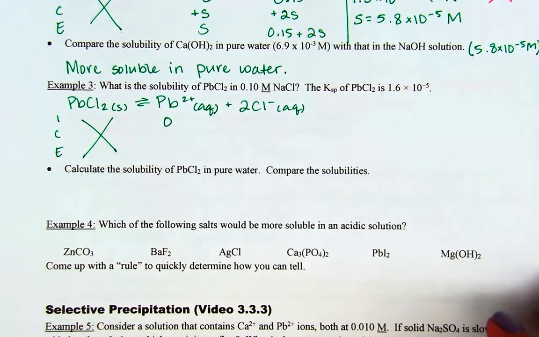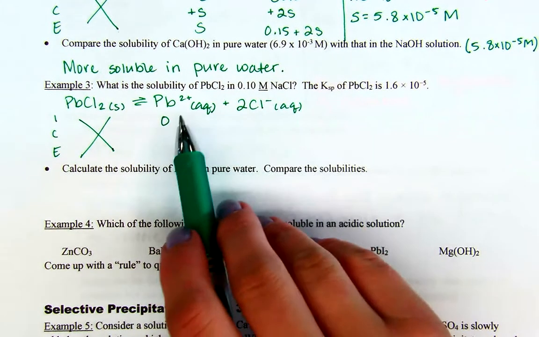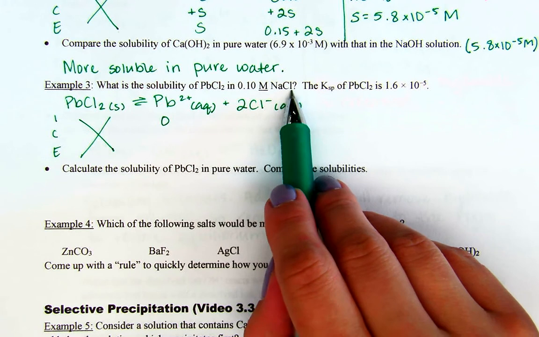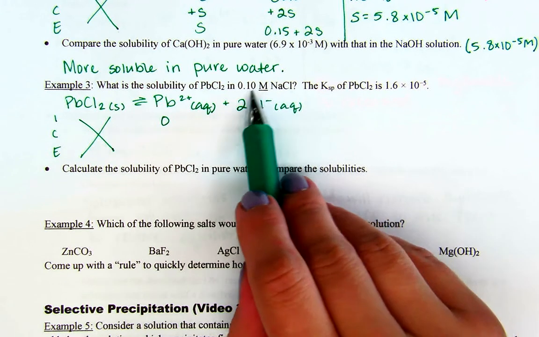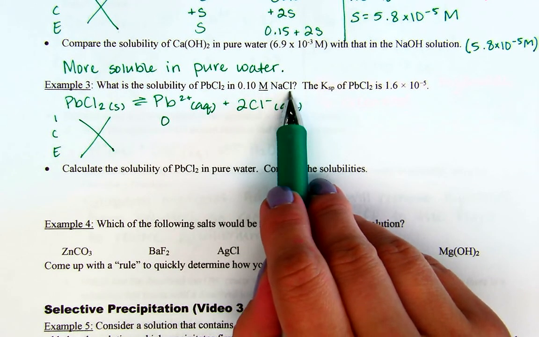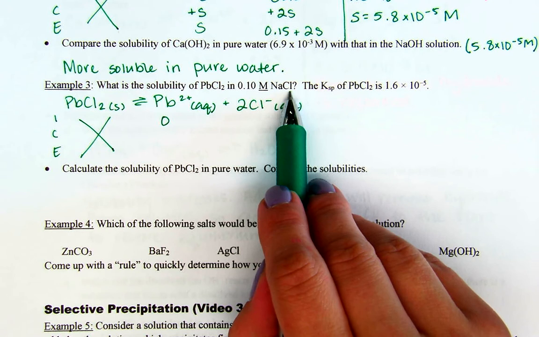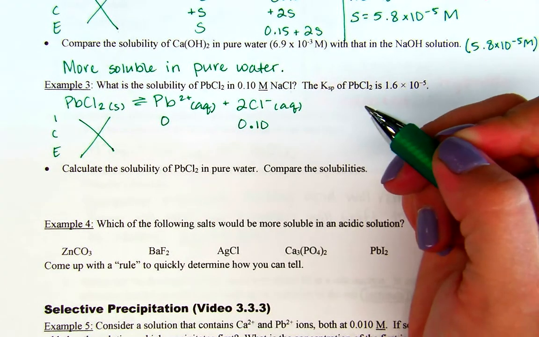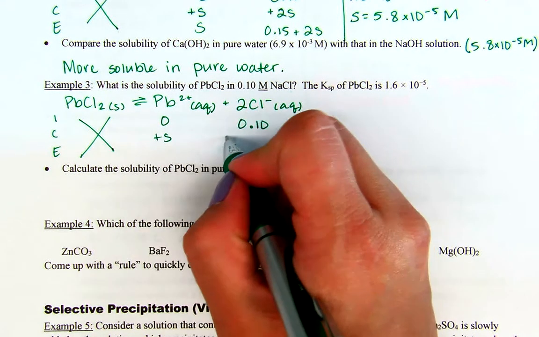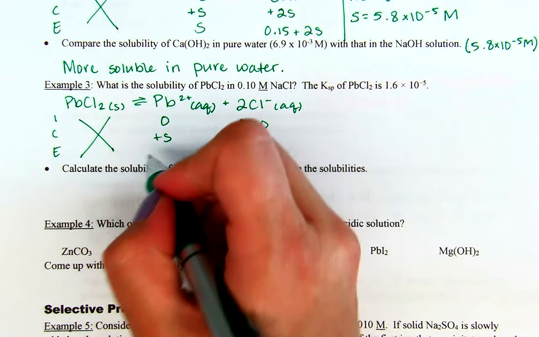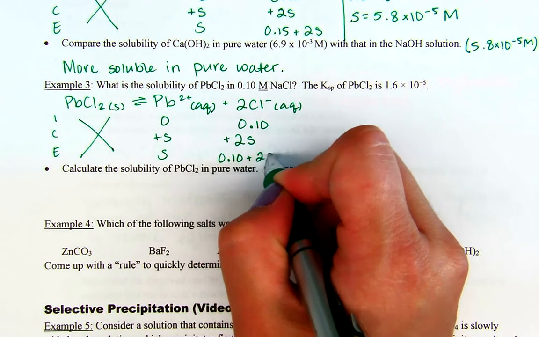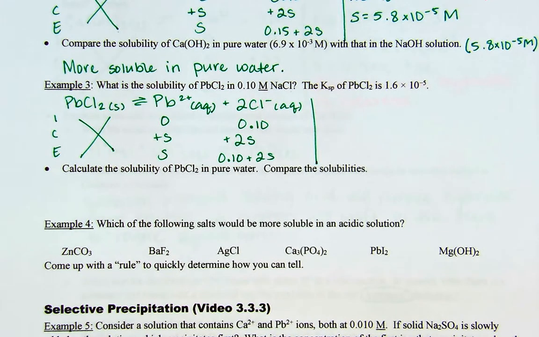I have no lead to start with, but I do have sodium chloride, so now I have a source of chloride. I really have 0.1 molar chloride ions already in my solution. So I'm starting with 0.10 molar chloride, plus S, plus 2S. This gives me S, and 0.1 plus 2S. That's my ICE table.